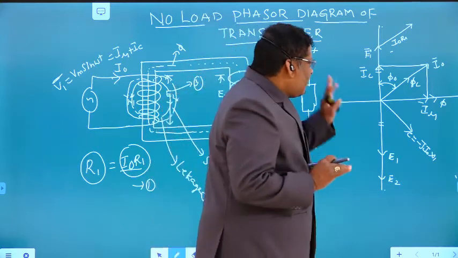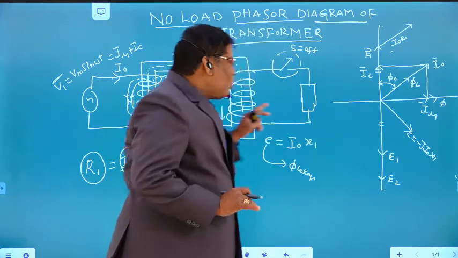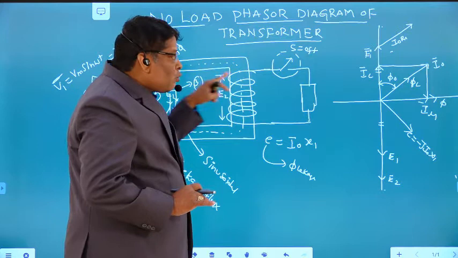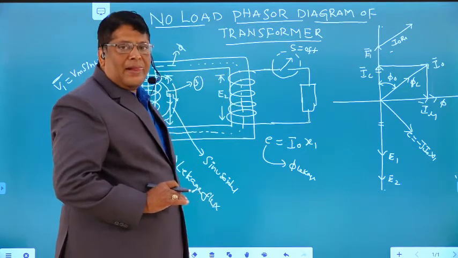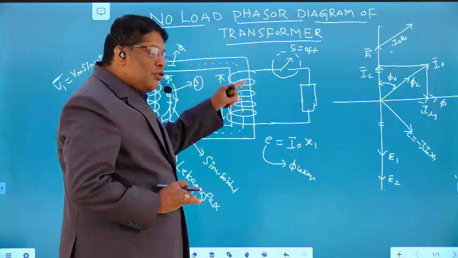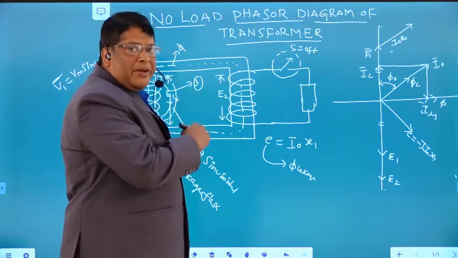Now come here. This is the induced voltage in the primary winding due to the leakage flux. So because of this induced voltage due to the leakage flux, there is a voltage drop in the primary winding.